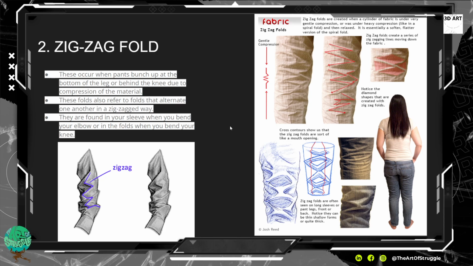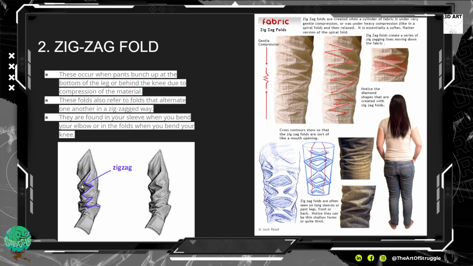All right. Next, we've got the zigzag fold. The zigzag fold occurs when pants bunch up at the bottom of the leg or behind the knee due to the compression of the material. These folds also refer to folds that alternate on one another in a zigzagged way.